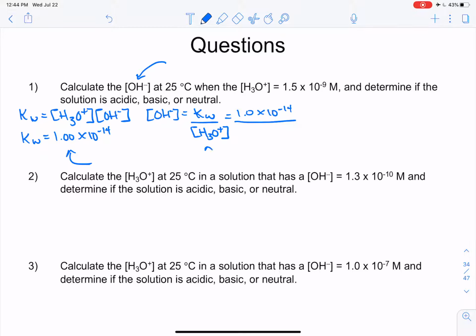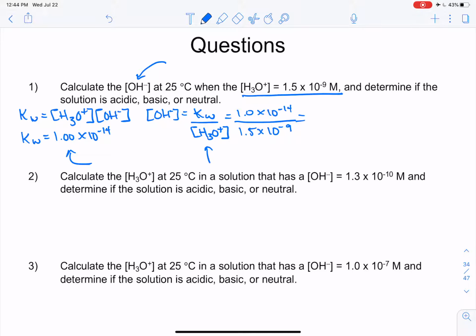And we're going to divide it by the concentration of hydronium. Now in this solution, the concentration of hydronium is not 1.0 times 10 to the negative 7. It gives it to you right here. It says it's something different than that. Okay, so somebody has adjusted those amounts, so it's different. So we want 1.5 times 10 to the negative 9.